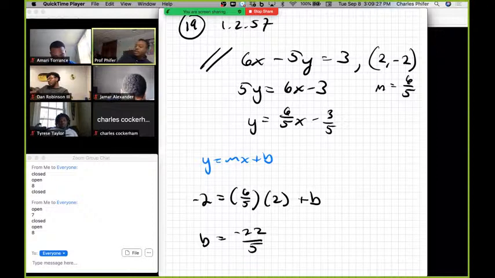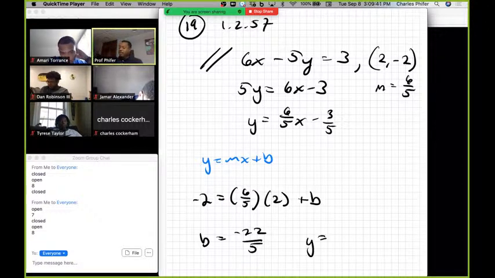That's 12 over 5. Subtract 12 and 10 is -22. So b is going to be -22 over 5. I'm going to go with this. So the equation of our line should be y equals 6/5 x minus 22/5.